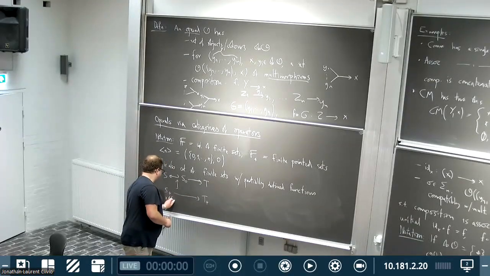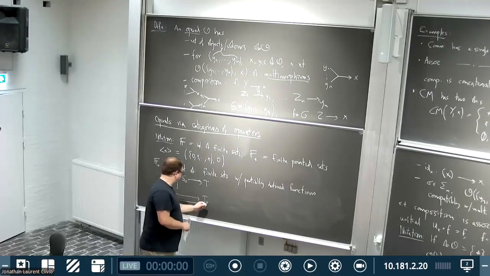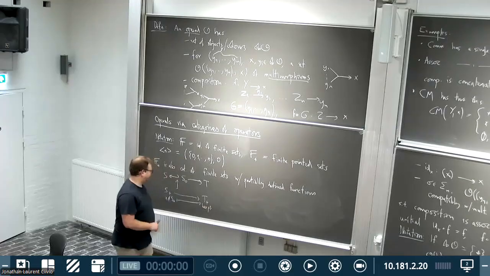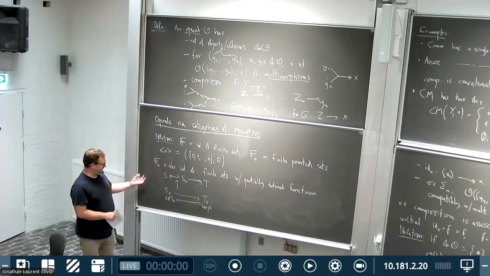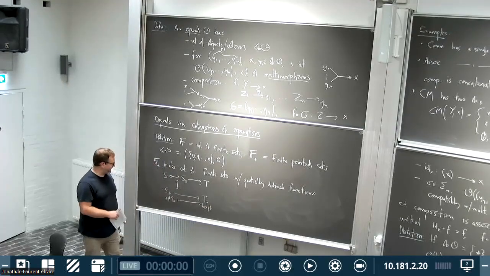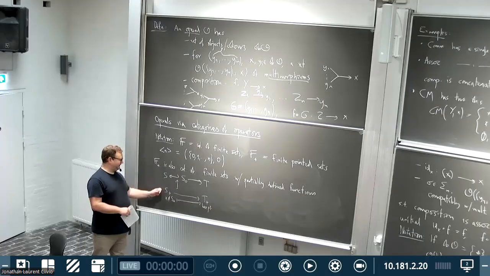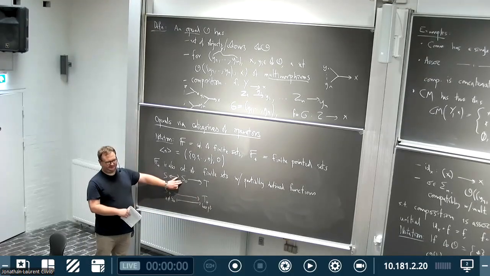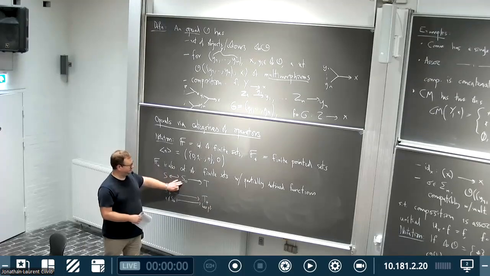And conversely, if I start with a map of pointed sets, I can look at the things in S that didn't go to the base point in T plus, and that gives me my S0, and then I have an actual function from that into T.